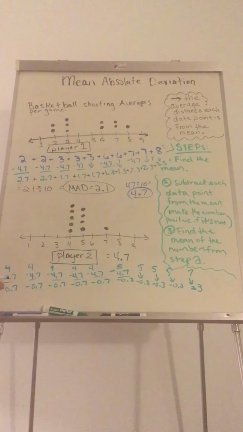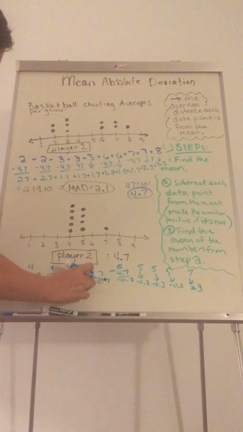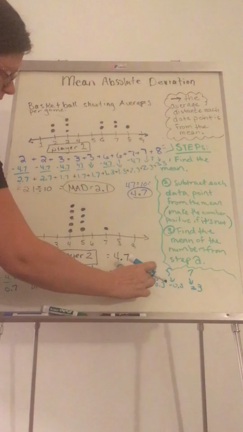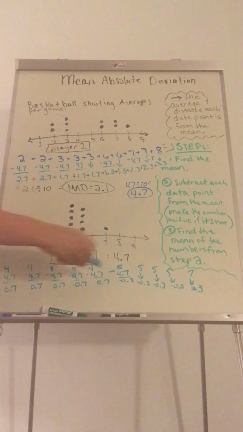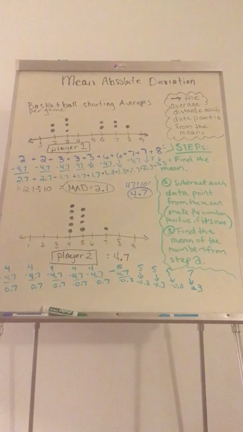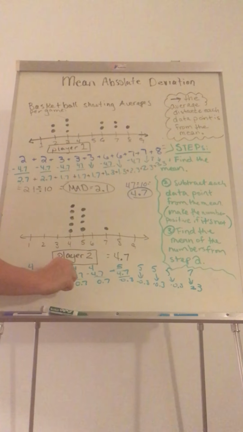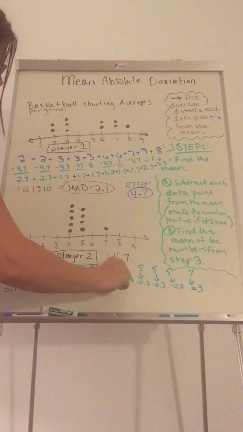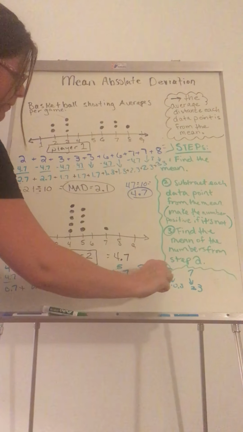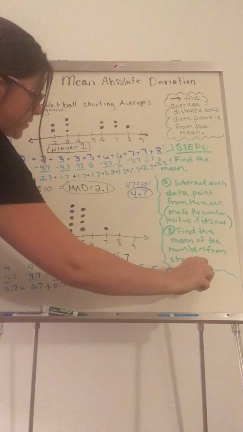Oh, but wait, we have to make sure these are all positive. So I'm just going to go along and erase the negative signs. Now I can find the average. So I'm going to again add all of these together. 0.7 plus 0.7 plus 0.7 plus 0.7 plus 0.7 plus 0.3 plus 0.3 plus 0.3 plus 0.3 plus 2.3.